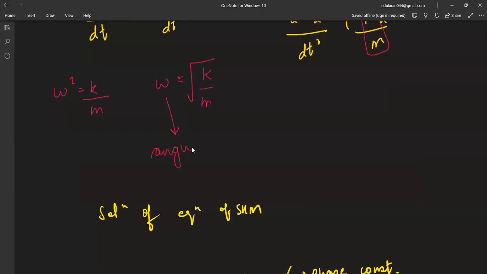What is K? K is a spring factor, we say. It's a constant. It's just that for different systems, we have different values. Suppose I have given you a spring mass system, so this K will be called the spring constant. And if I give you a pendulum system, we have an equation for time period: T is equal to 2 pi under root L by g.